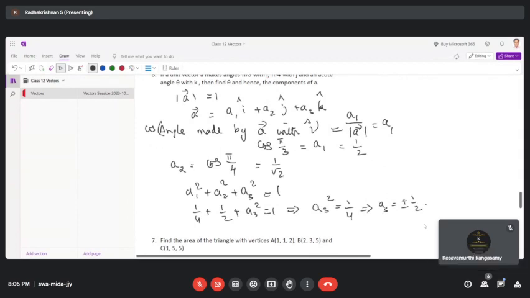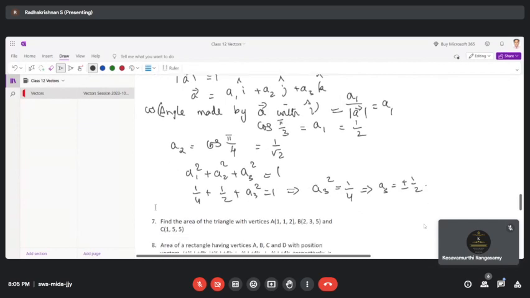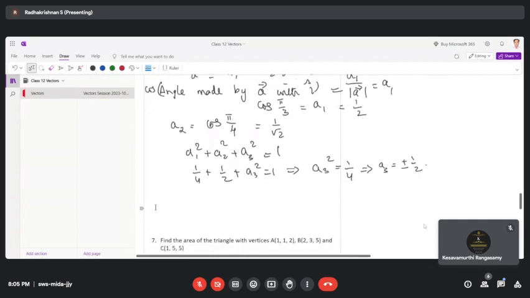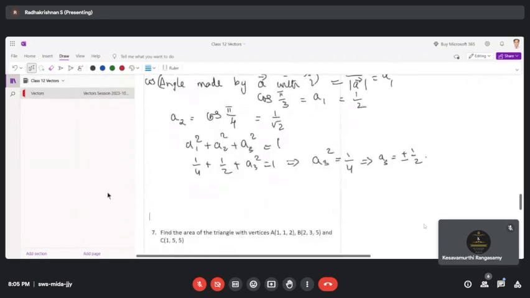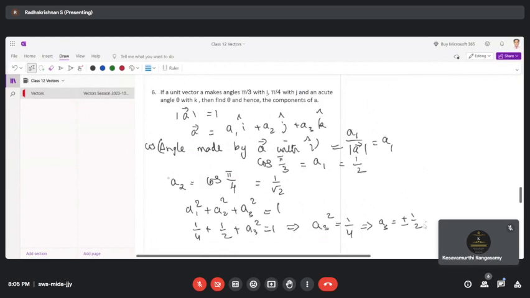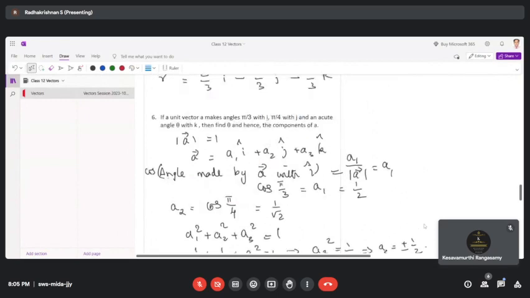A3 is plus or minus half. Now what is the angle made by the vector with the z-axis, or k? That is the question, right? Theta is the angle made with k.